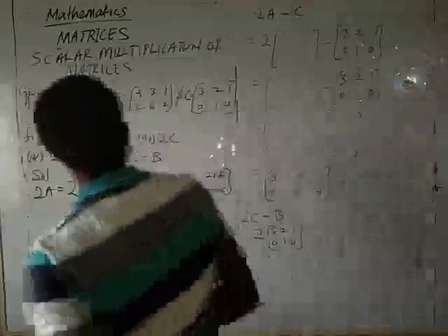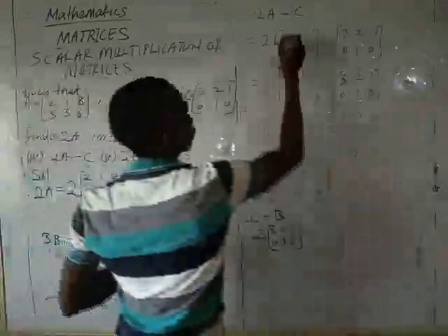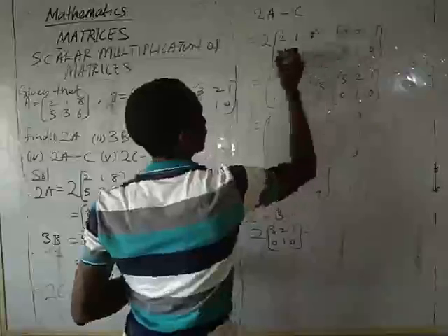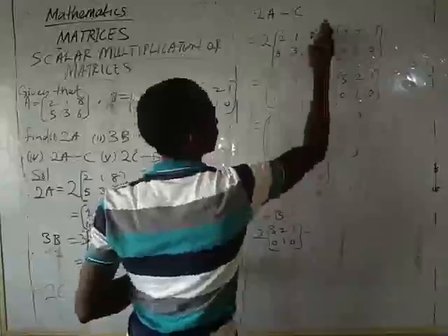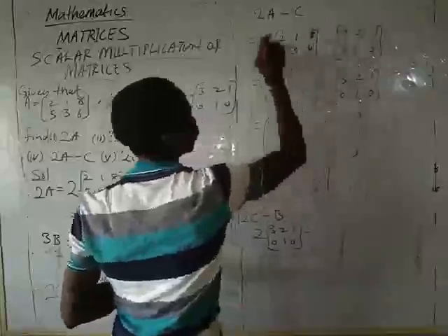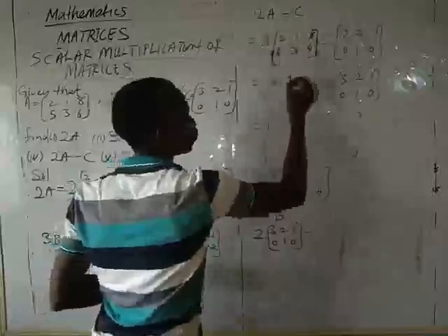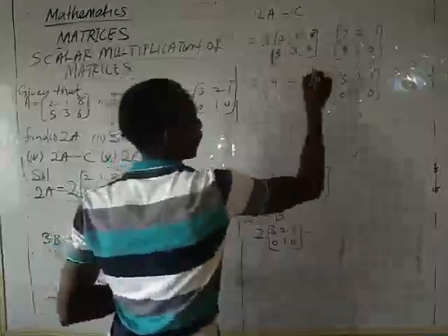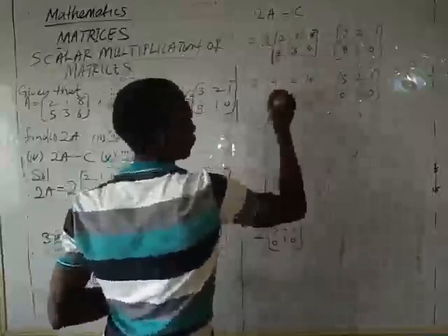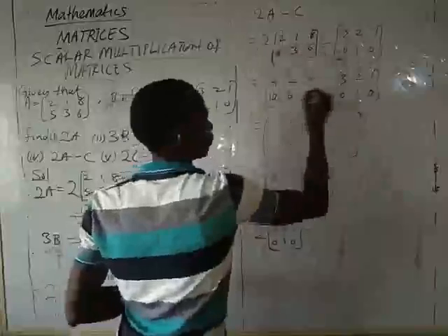All right. Then what do we have as A? 2, 1, 8, 5, 3, 6. So multiplying that, 2 times 2, 4, 2 times 1, 2, 2 times 8, I have 16. 2 times 5, 10, 2 times 3, 6, 2 times 6 will be 12.